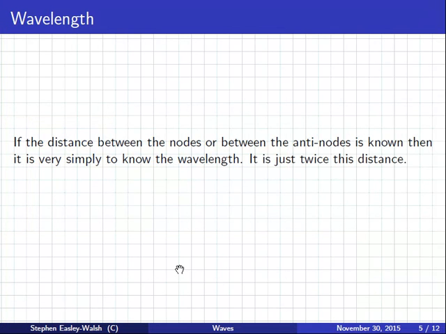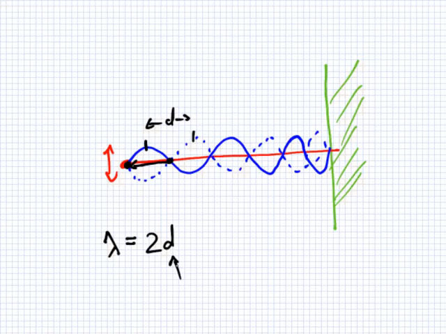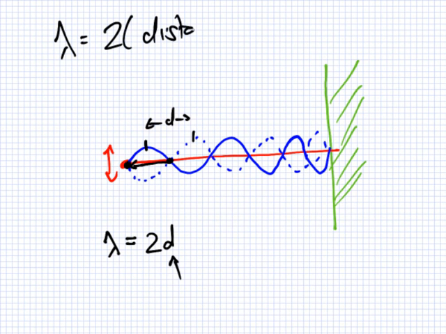Node to node or antinode to antinode, the wavelength is twice this distance. I at least want you to write that down: that the wavelength is twice the distance from node to node.